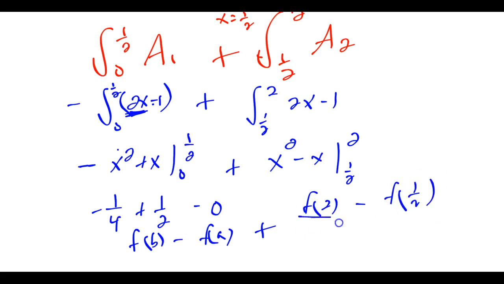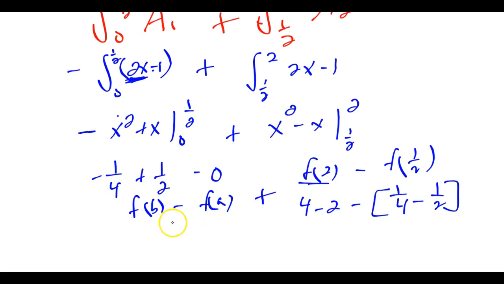So when I plug in a 2, of course I get these two terms, 4 minus 2 minus the 1/4 minus 1/2, and that becomes a number crunching nightmare. But I think that number crunches to 5/2. So go ahead and just add negative 1/4 and all of that in yellow. Should turn out to be 5/2.